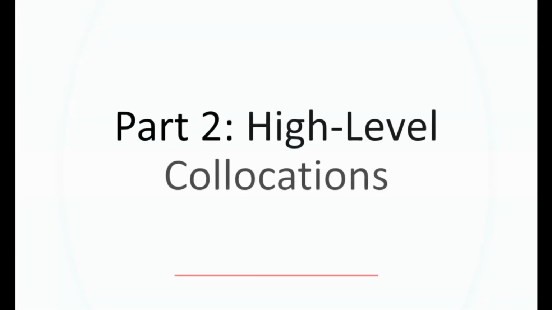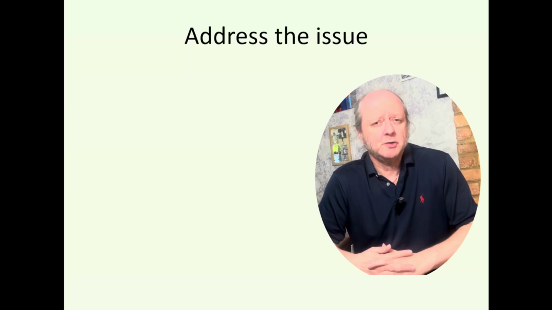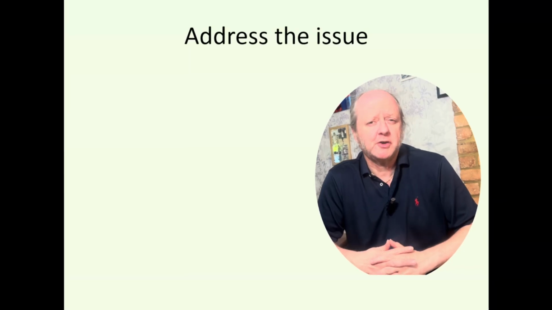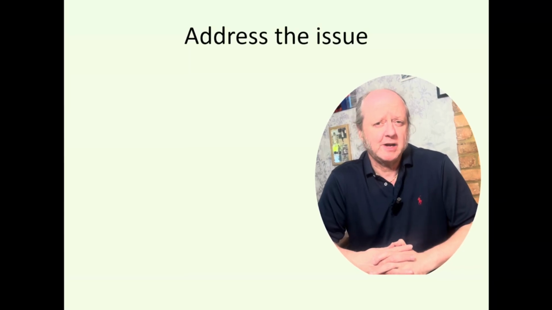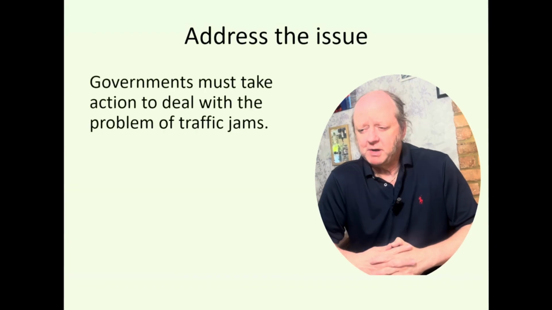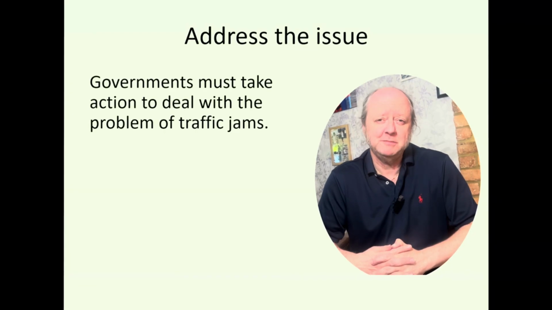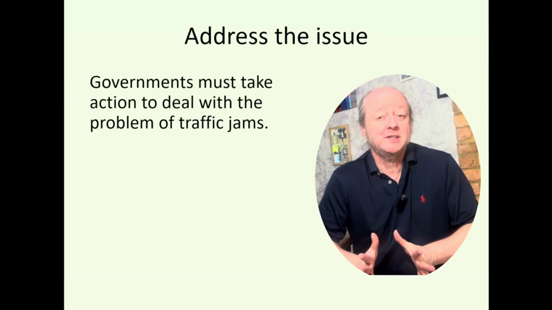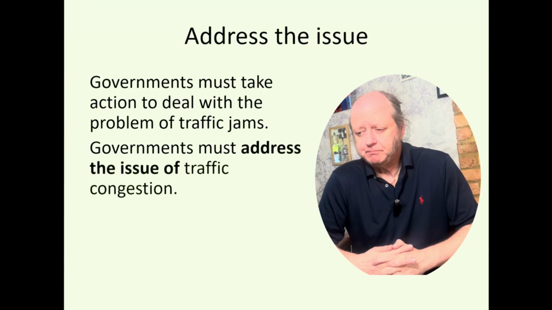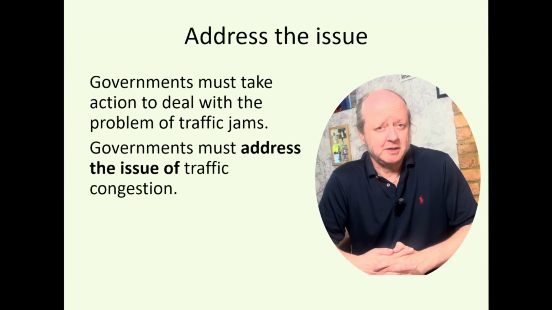Let's move on to part 2, and that's the high level with collocations. I'll give you 3. The first one is to address the issue. To address the issue. Governments must take action to deal with the problem of traffic jams. So what words would you replace with to address the issue? Here we go. Governments must address the issue of traffic congestion.